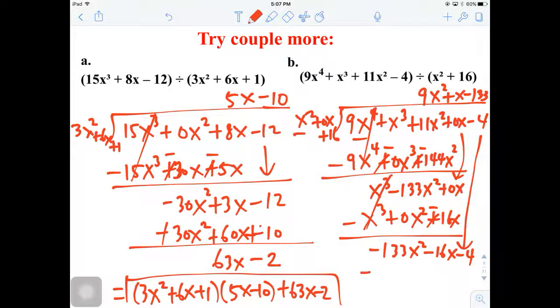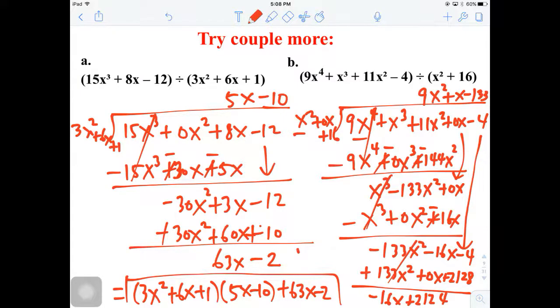Okay, so that's negative 133x squared plus 0x, and then that would be minus 2128. And then changing signs, I will cross the x squareds out, and we've got negative 16x, and then we have a plus 2124 as the remainder.